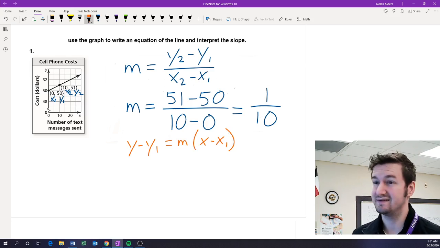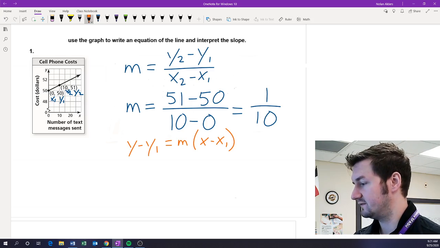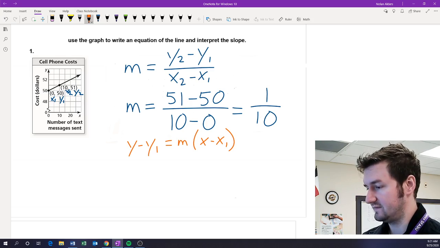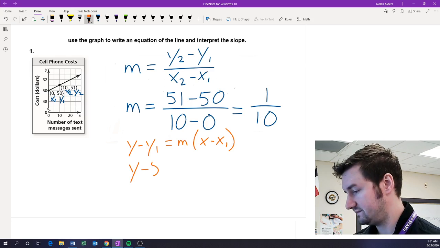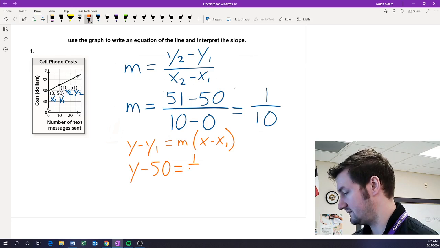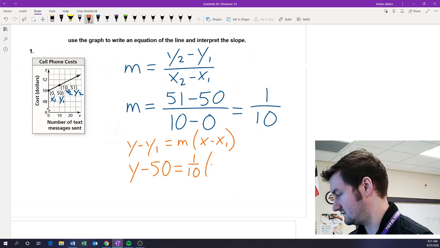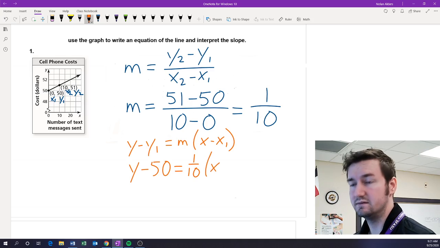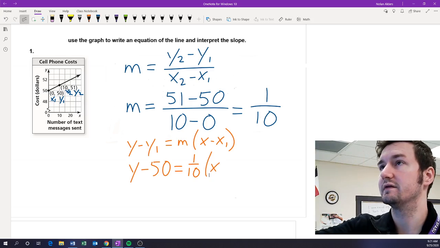So we can use that same 1/10 that we used to find slope. We'll have y minus 50 equals 1/10 times x minus 0 in this case, so it's just going to be x. We don't even need the parentheses for this.